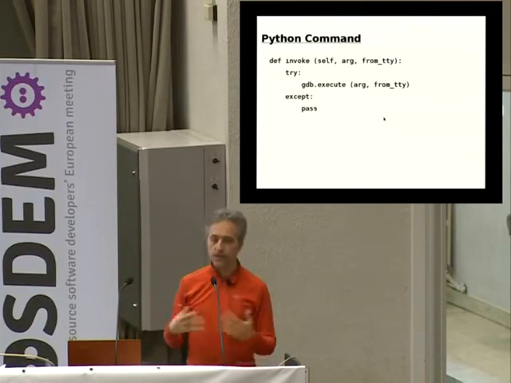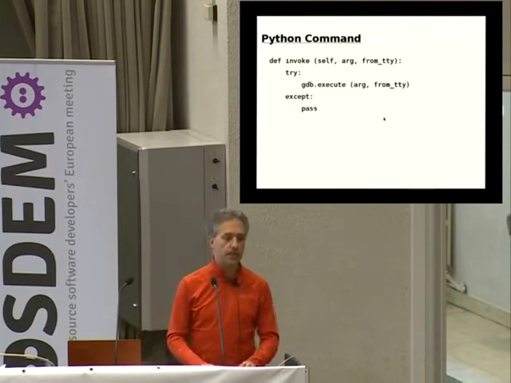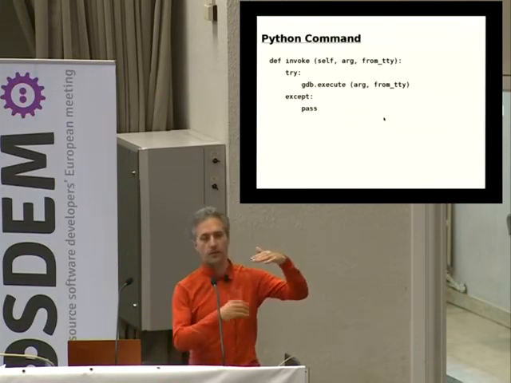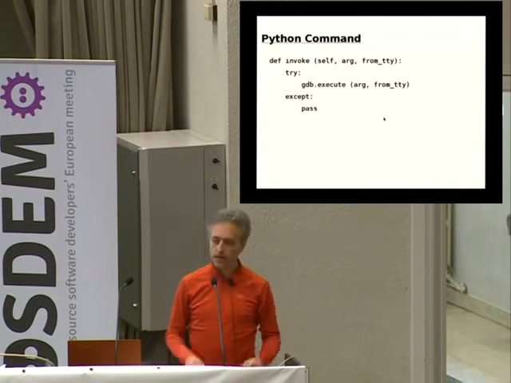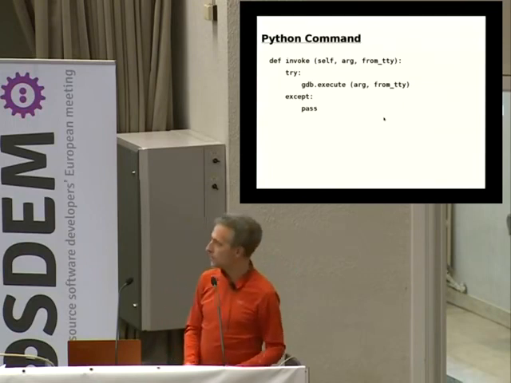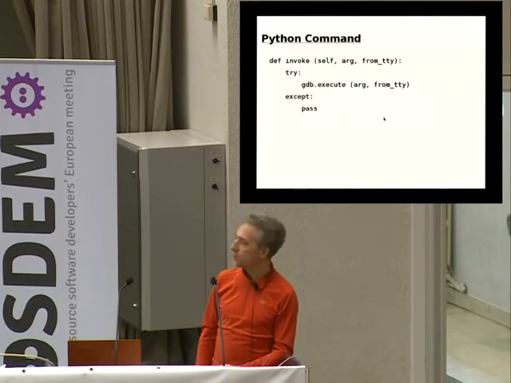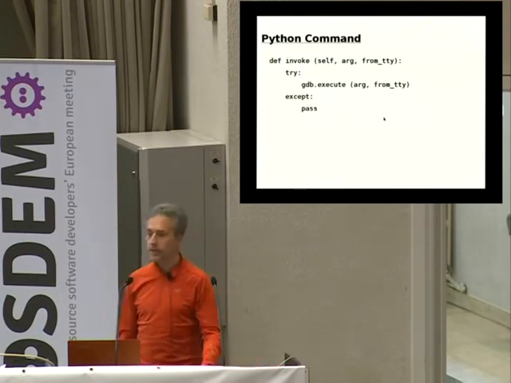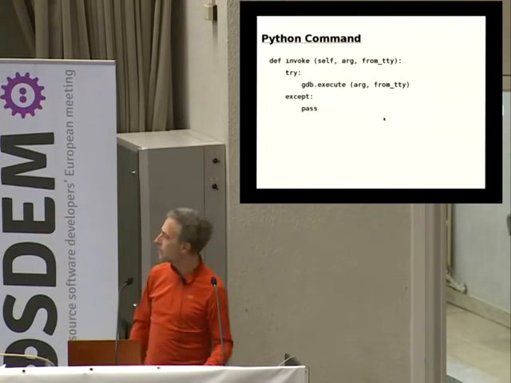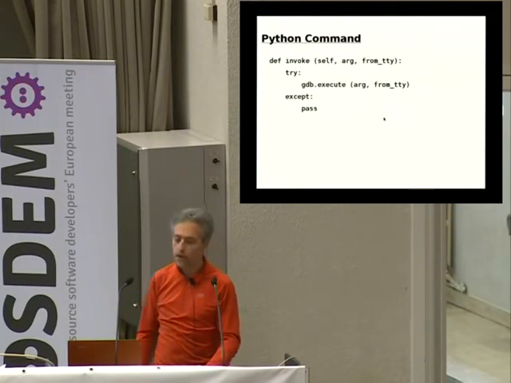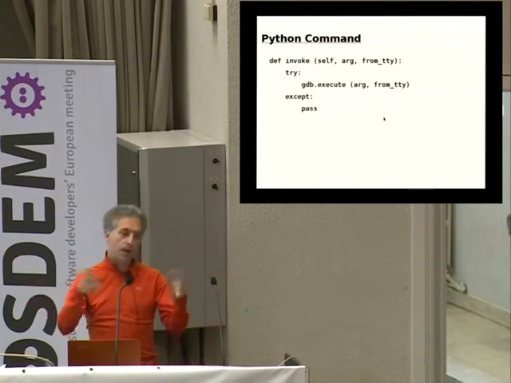In GDB, if you type something in at the CLI and it gets an error, it aborts whatever else is going on. Like if it's in the middle of a little script, it just aborts that script because of how GDB works. And this is a little command just to ignore errors. GDB's command line doesn't have exception handling. Python does. It's just trivial. There's a little boilerplate you have to wrap this in, but it's nothing. So then you can just say, ignore errors.